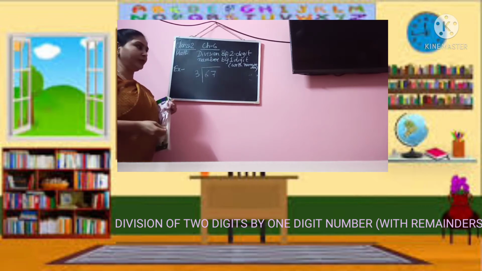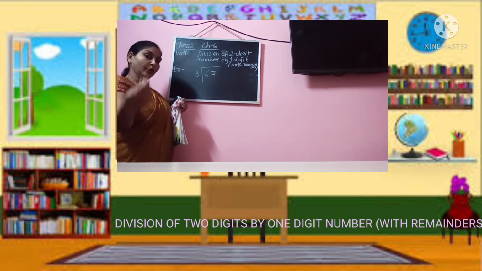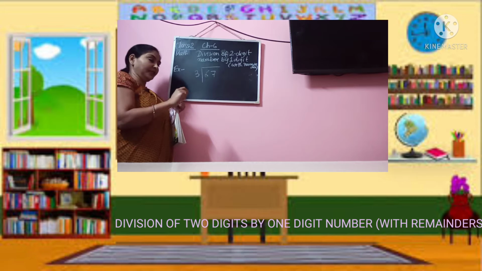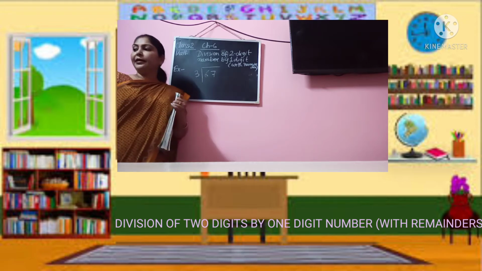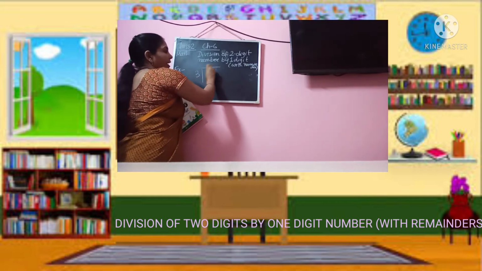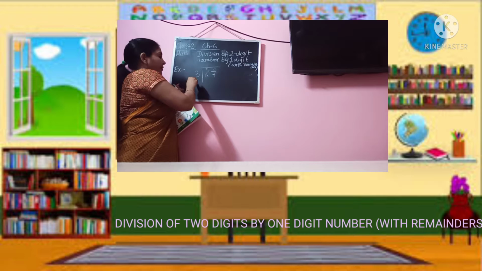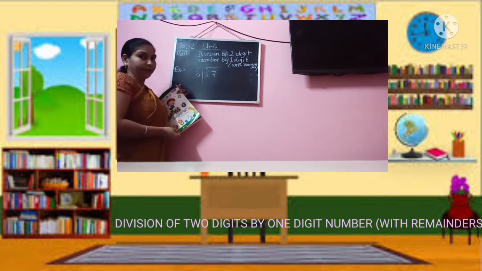67 divided by 3. Now you see, in division, we have to start not with the lowest place value, we have to start with the highest place value. Here it is a 2-digit number, so the highest place value is tens. So we will start with tens. We will not take the 2-digit number at a time.